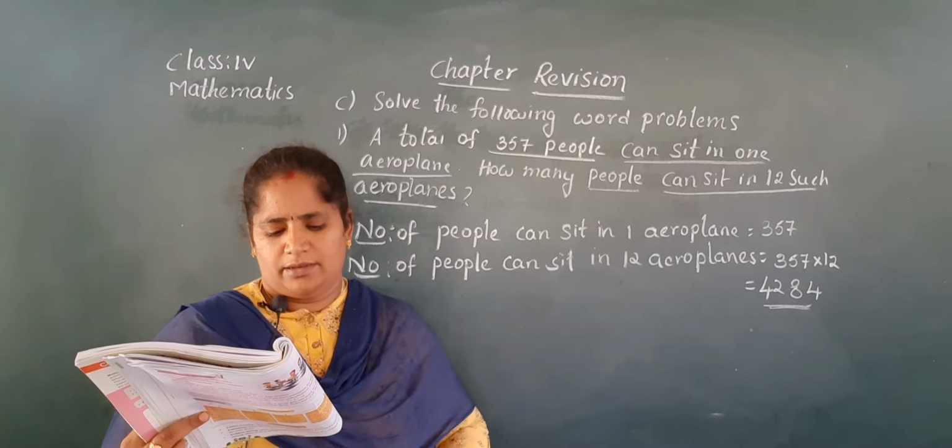How many people are there in 5 towns? 6 lakhs. But we have to do this multiplication. Okay, how many people are there in one town? Now we have to find the number of people in 5 towns. Underline this. Now number of people in one town.